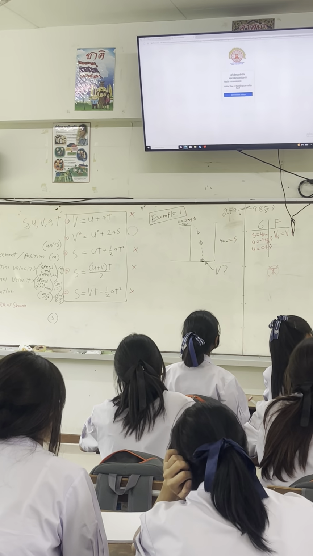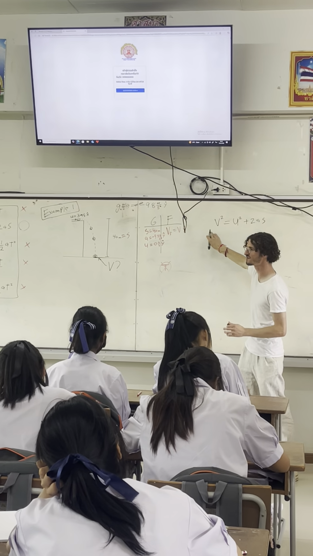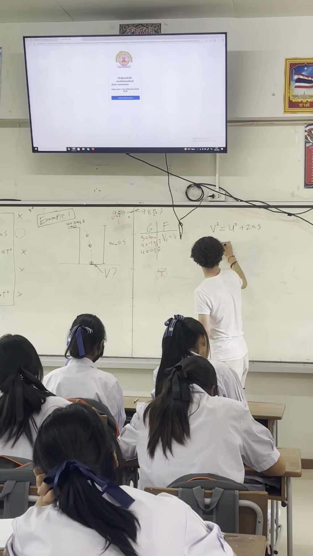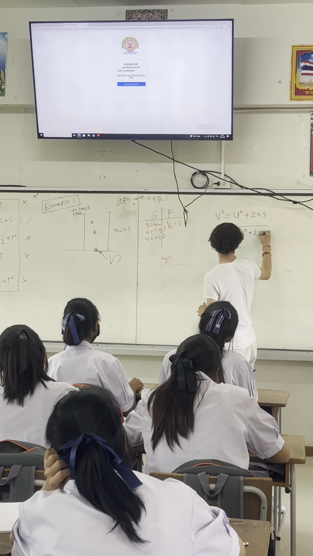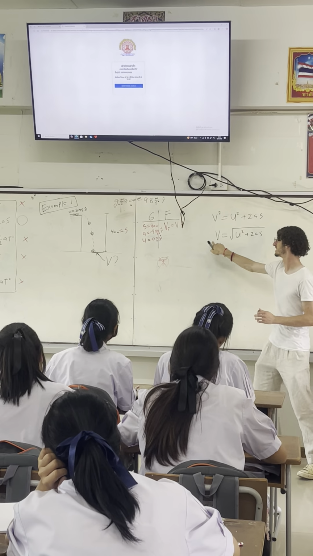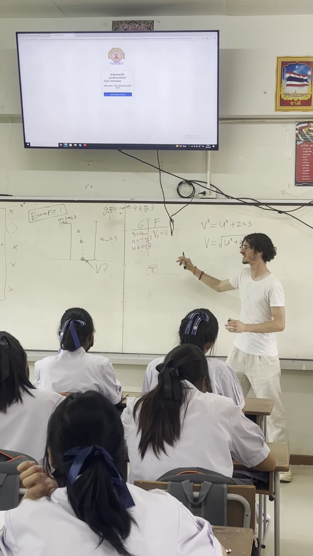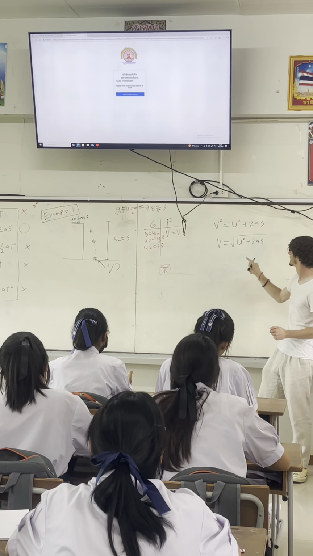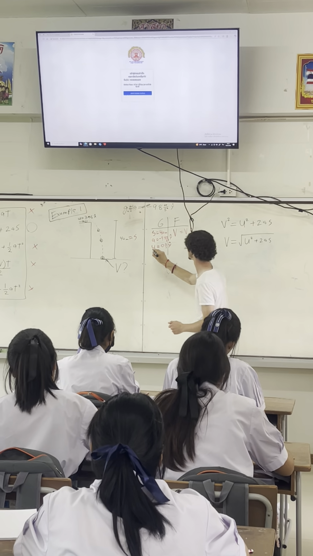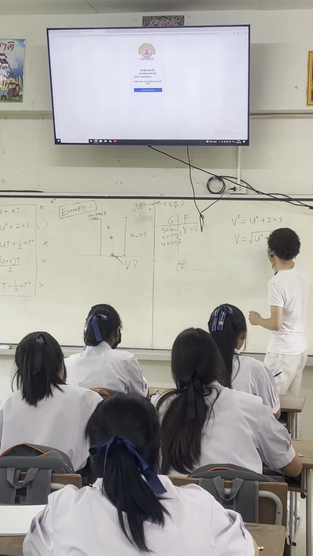So v equals the square root of u squared plus 2as. Good. Now, we plug in u, a, s.